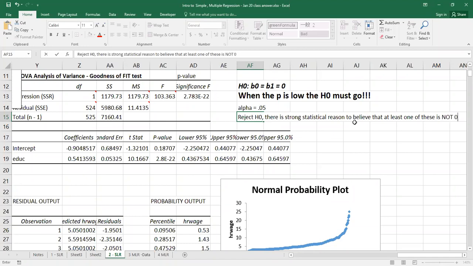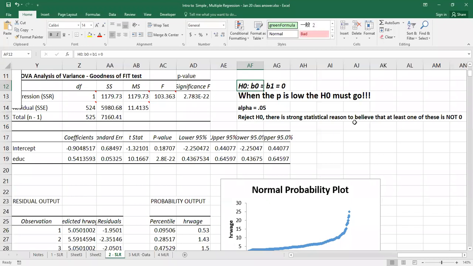So that's our conclusion, guys. Rine-reject natin si null hypothesis na B0 is equal to B1 is equal to 0. Ibig sabihin, may model tayo. Pwede natin gamitin tong model na to. Okay? So next meeting guys, tapusin natin to.